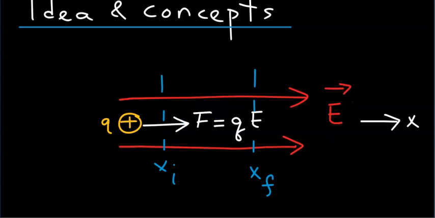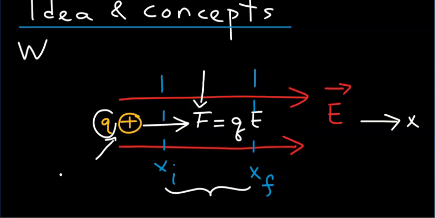Since there is a force acting on this object that causes the object, in this case the charge Q, to be displaced by that much distance, we should be able to compute the work done by this force.